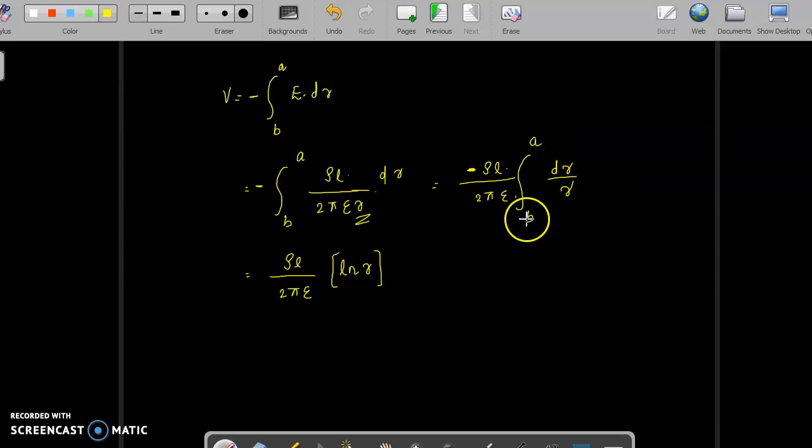Since I interchanged the position of the upper and lower limits, minus of minus becomes plus. So this becomes B by A, and we can write rho L upon 2 pi epsilon natural log of B by A, because natural log of B minus natural log of A is natural log of B by A.